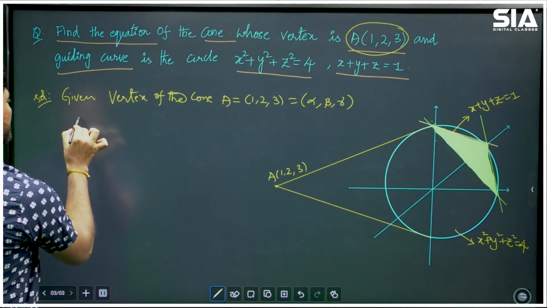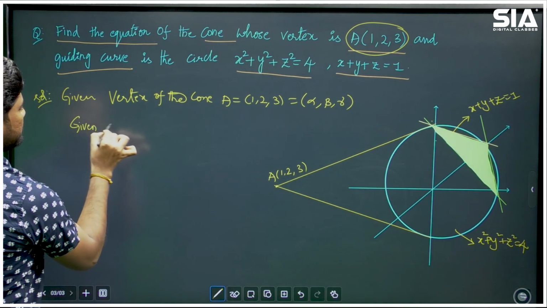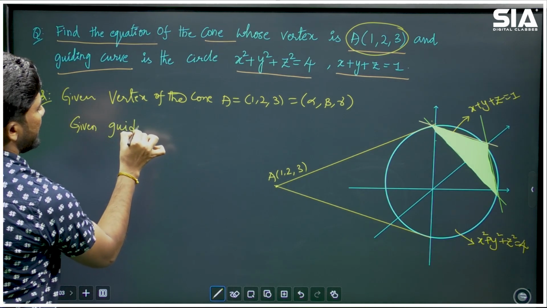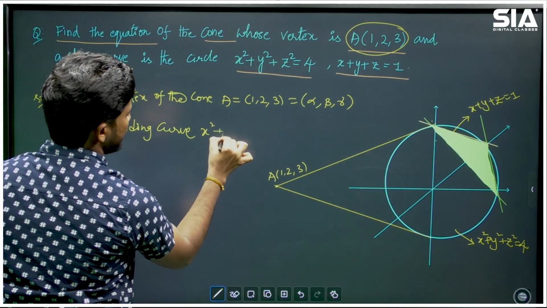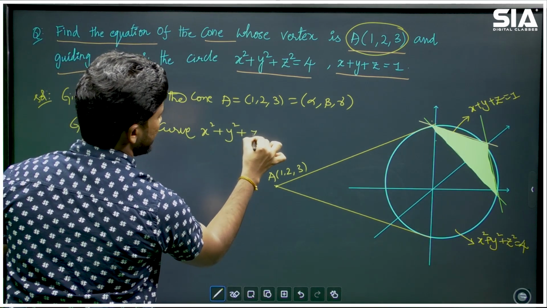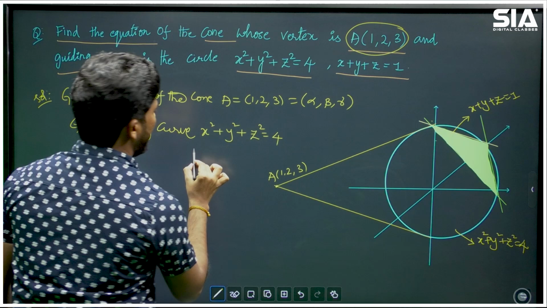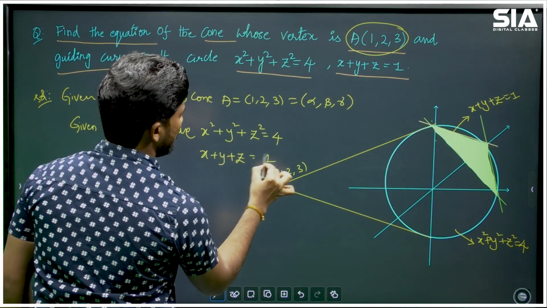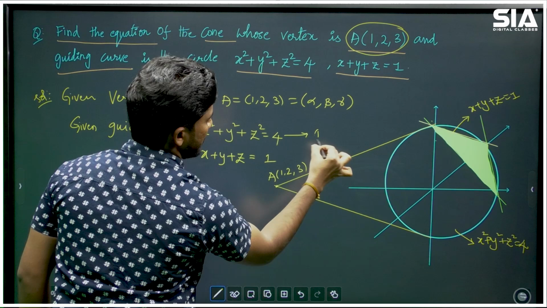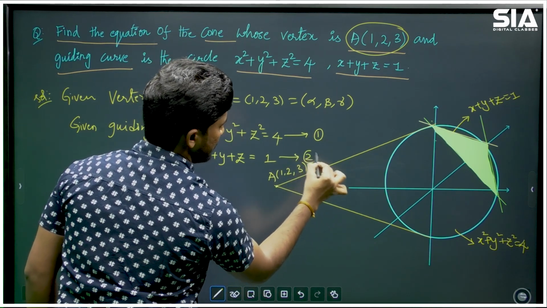And the given guiding curve is x² + y² + z² = 4 and x + y + z = 1. Take it as equation number 1 and equation number 2.